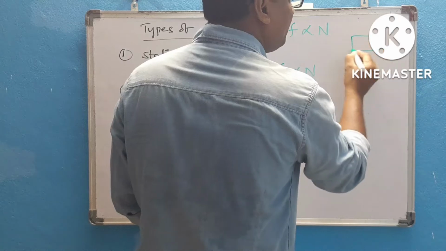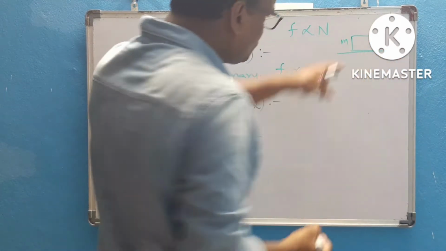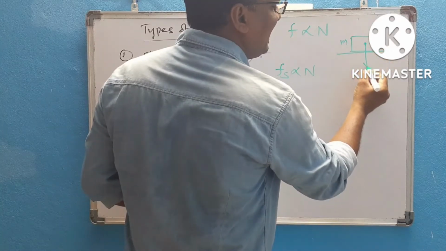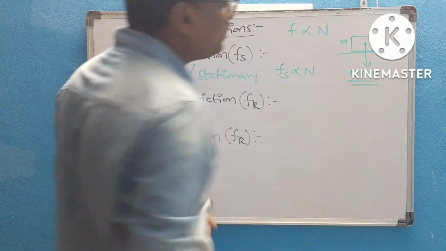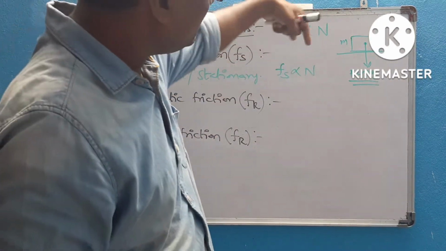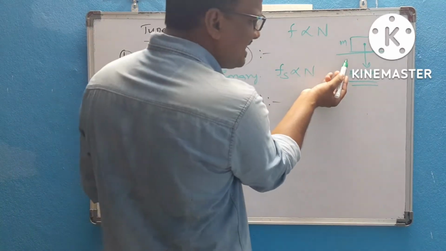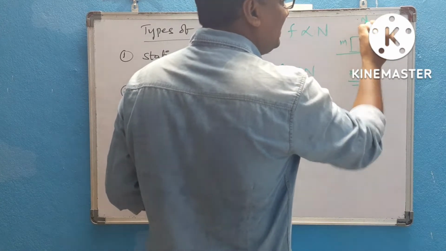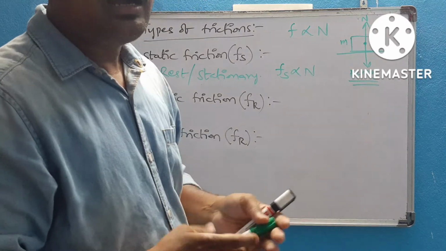For example, if a body of mass m is lying on a surface, then the body acts with its total weight in the downward direction. The lower surface applies an equal and opposite normal reaction force onto the upper body.